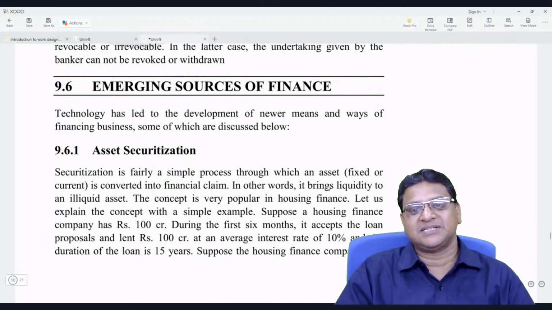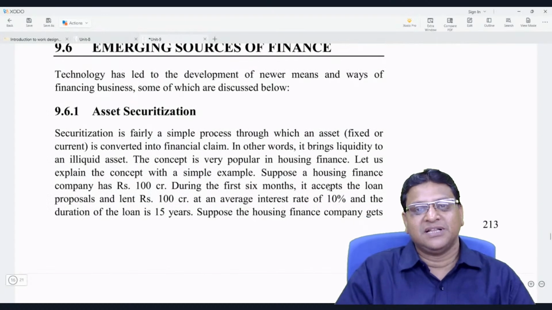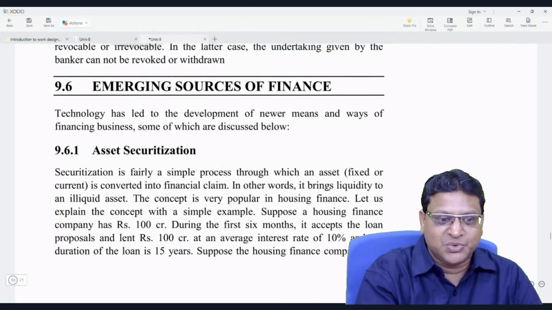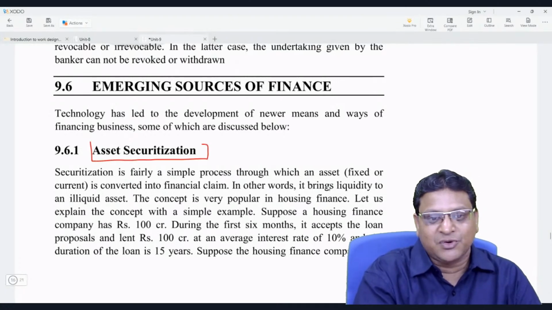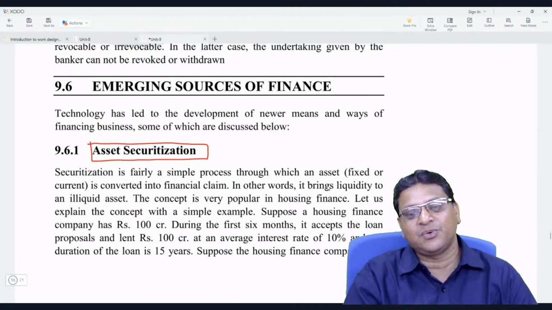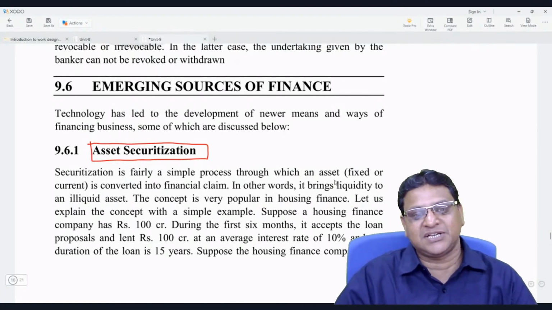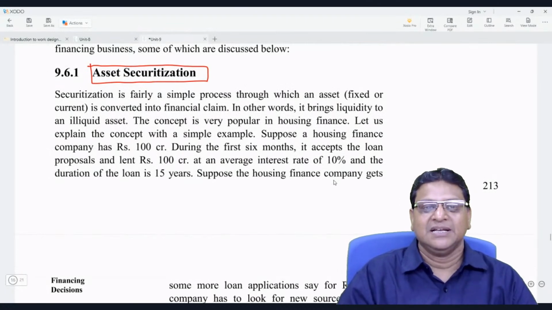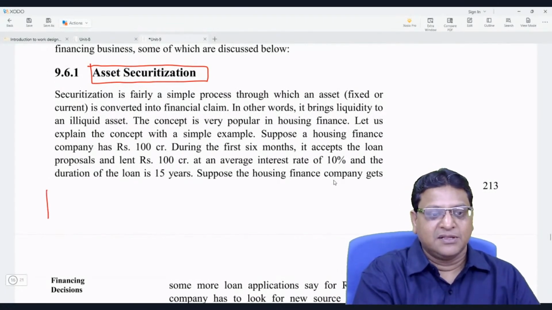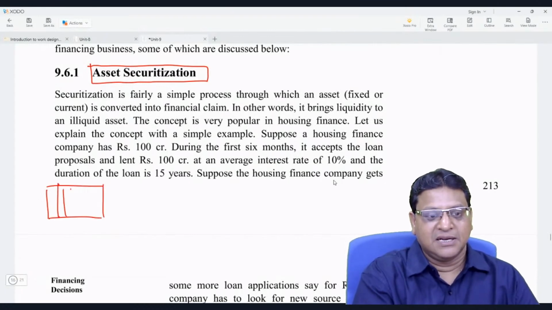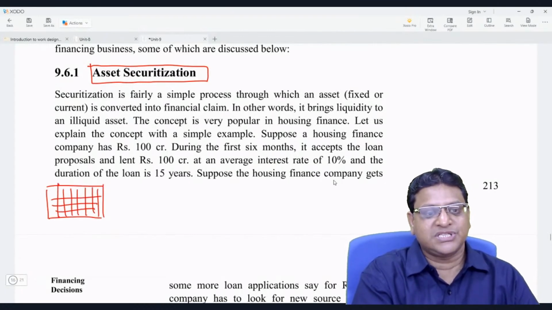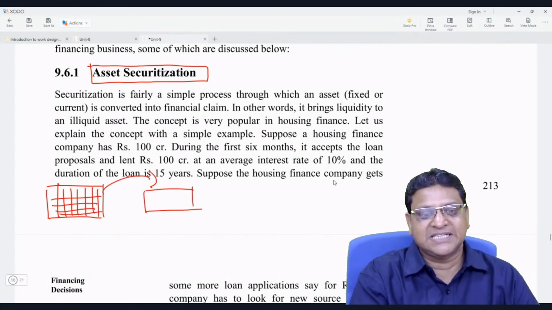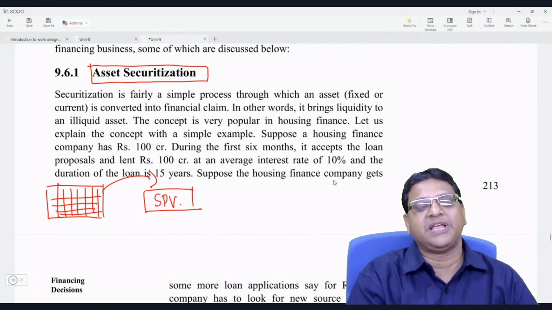Next, we will discuss different emerging sources of finance. New sources of finance, innovative sources of finance, are known as emerging sources of finance. The most important emerging source of finance is asset securitization. What is asset securitization? In case of asset securitization, the banks collect different loans which they have provided and transfer the loans to an SPV, special purpose vehicle.